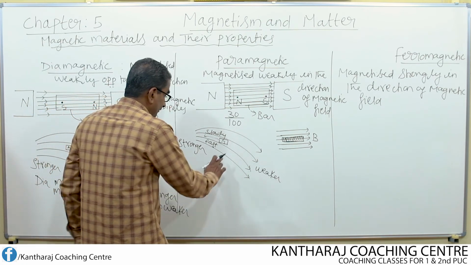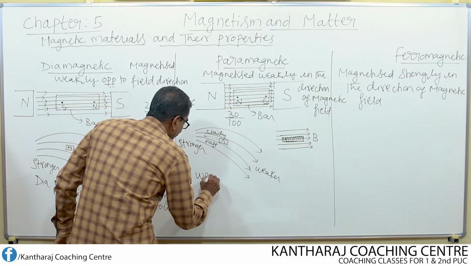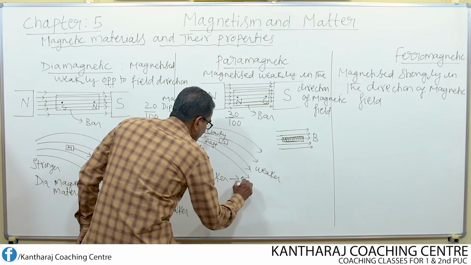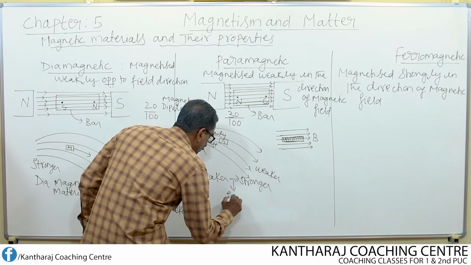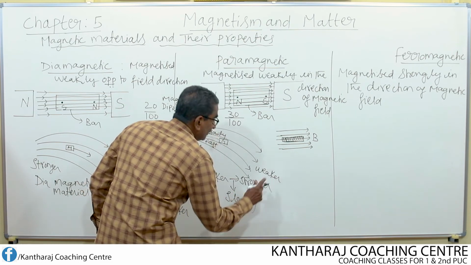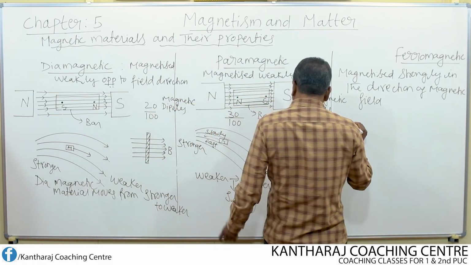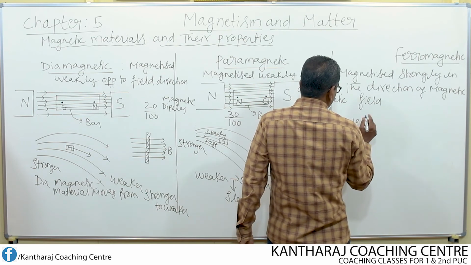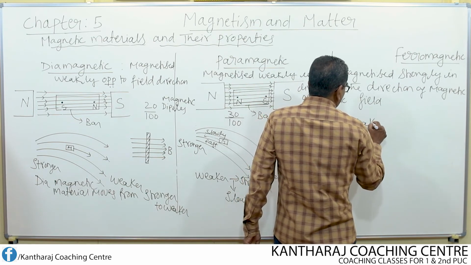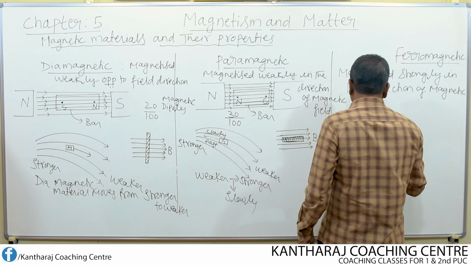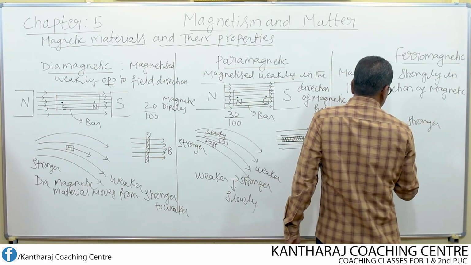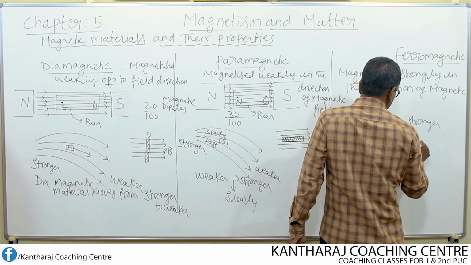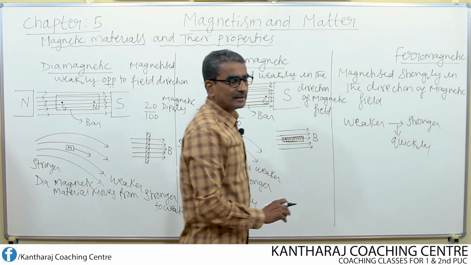Here it moves from weaker to stronger. How does it move? It moves slowly. Whereas in case of ferromagnetic, it moves, once again, from weaker to stronger, but it moves quickly. It moves fast. That's the difference.